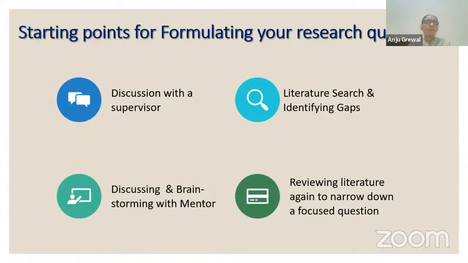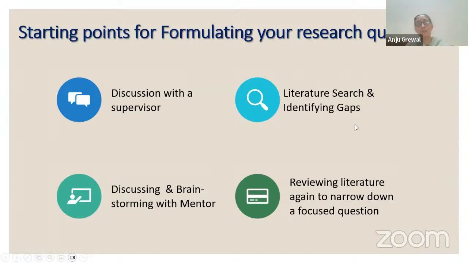Just to give you a brief overview of how you go about formulating your research question. I know as students, most of you are assigned a thesis, you're told to get a thesis topic and you are clueless. The best thing is to discuss with your supervisor, and then they would give you a topic that must have been in their mind that they would like to get answers to. Of course, you would be sent to do a literature search.